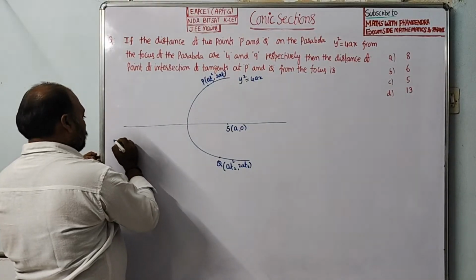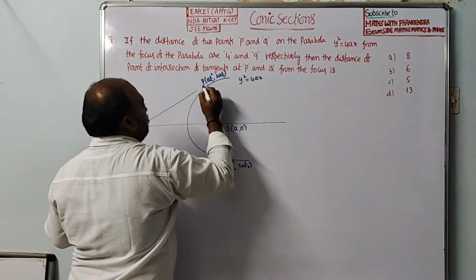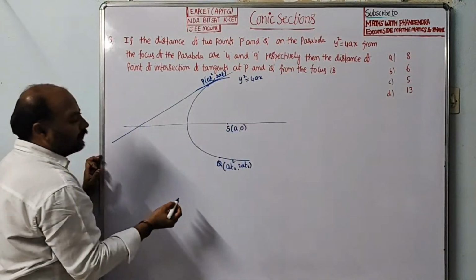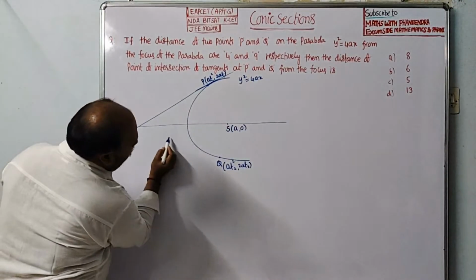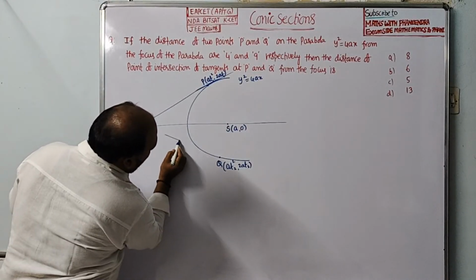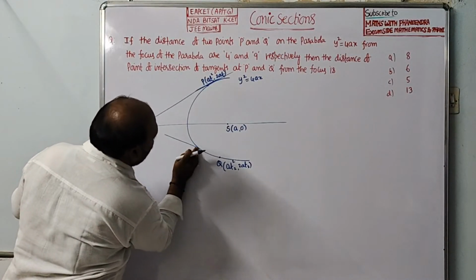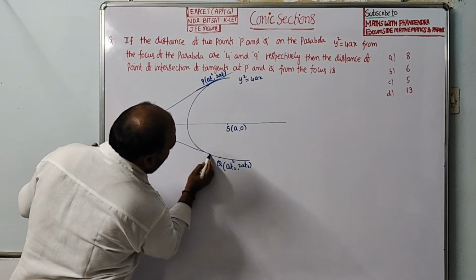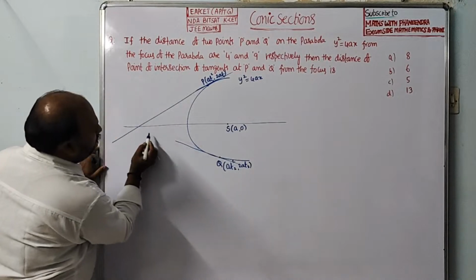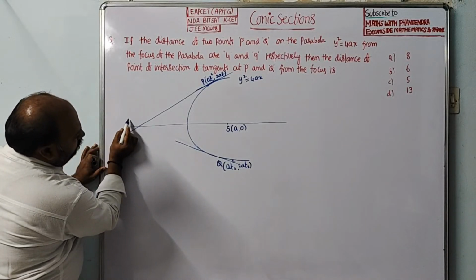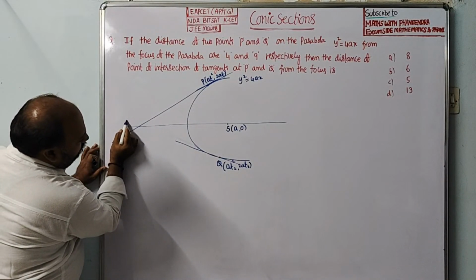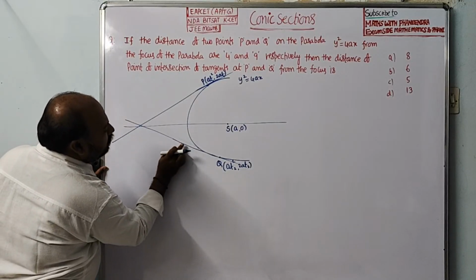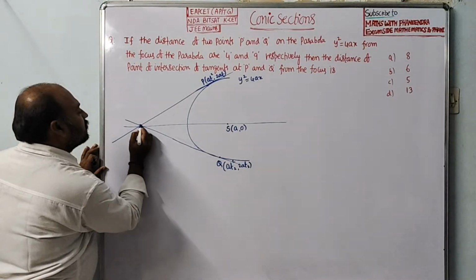So this is the tangent at point P. This is the way you draw the tangents.